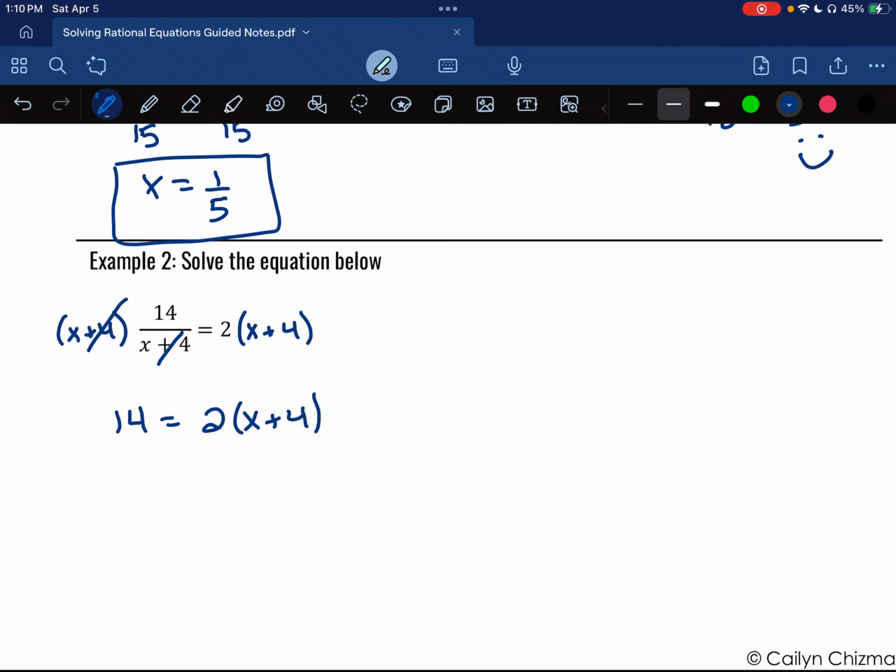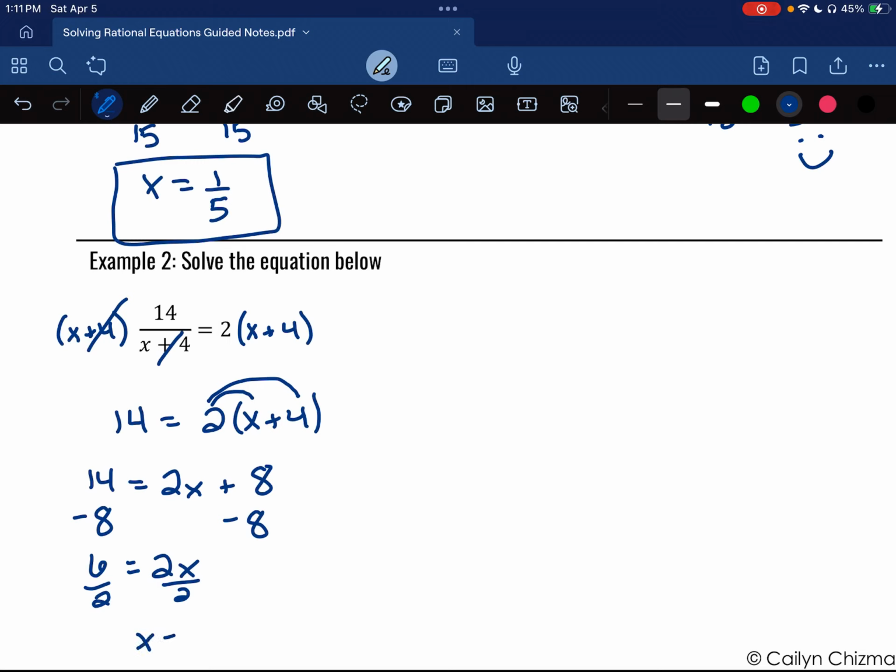And we could divide both sides by 2. That totally works here, but I feel that students often, their first instinct is to go ahead and distribute, so that's totally fine too. So we got 2x plus 8. We're going to get rid of 8 on both sides. We'll have 6 is equal to 2x. Divide both sides by 2, and we've got x is 3.